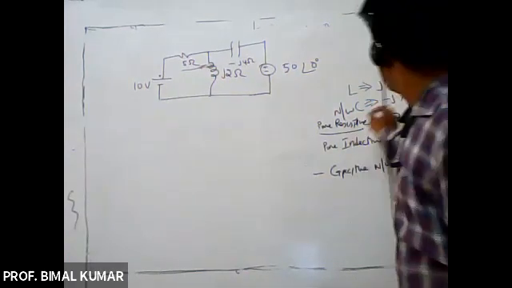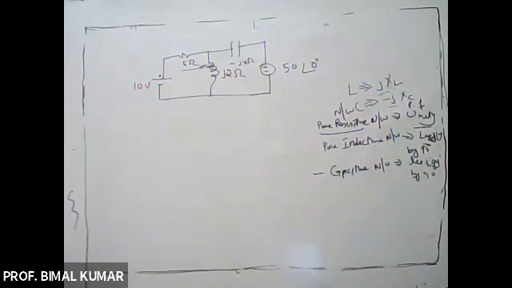So due to that, plus J and minus J are there. Whenever inductance is present, we will take it as JXL, and whenever capacitive reactance is present, we will take it as minus JXC.